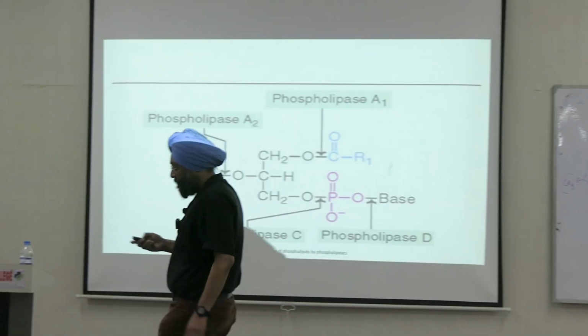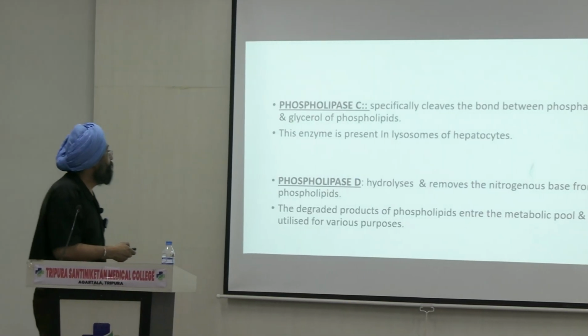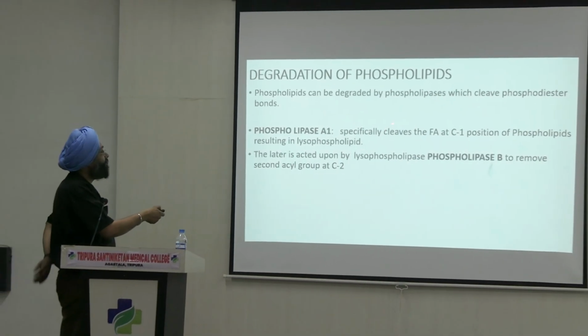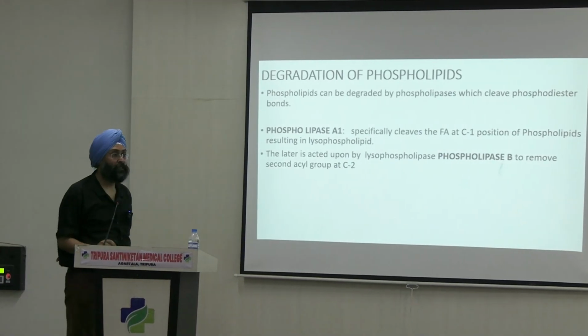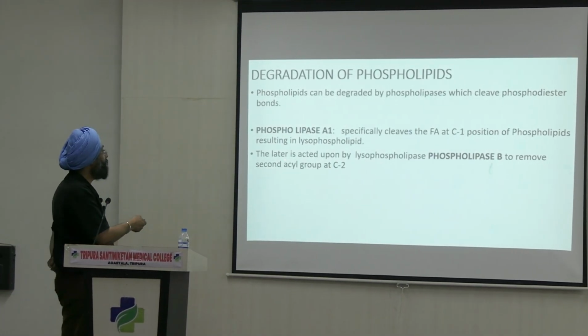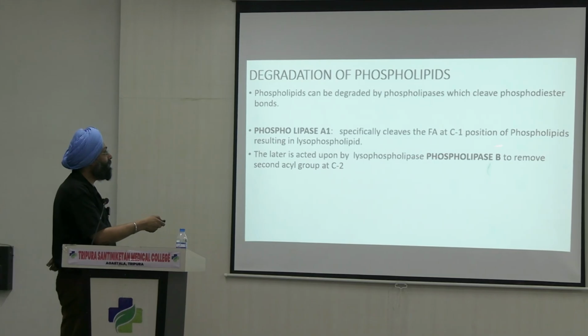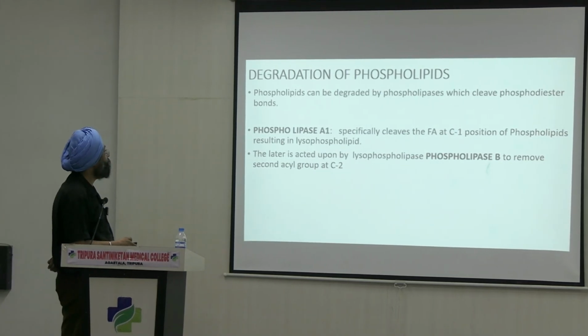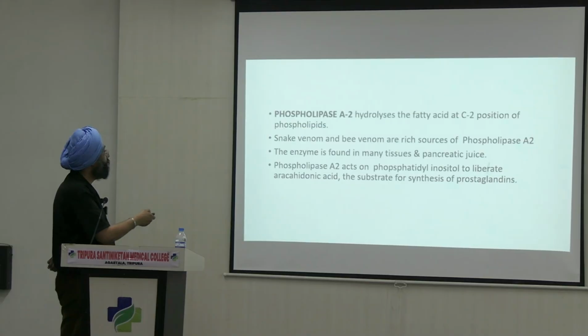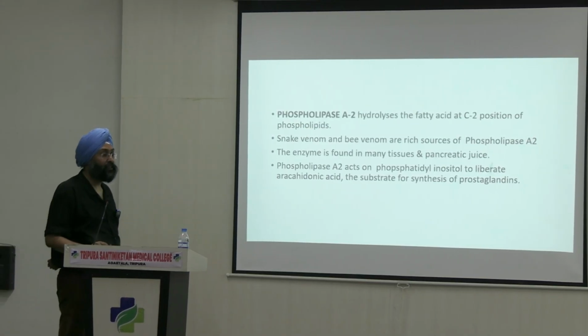And there are some separate roles as well. A1 specifically cleaves the fatty acid at the C1 position of phospholipid, right? And later it is acted upon by lysophospholipase B to remove the second acyl group, right? And A2 acts at the C2 position of phospholipids, right?